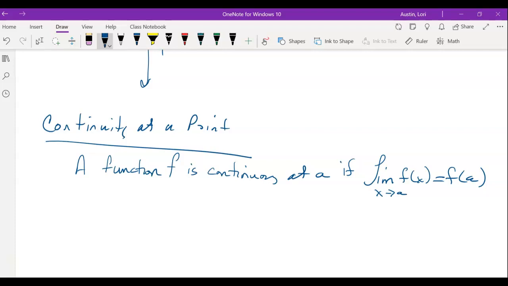In order for a function to be continuous at a, the limit as x approaches a of f of x has to equal the same value if you were to plug a into it.